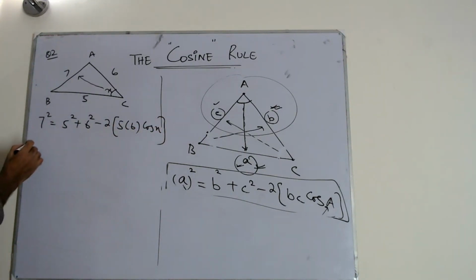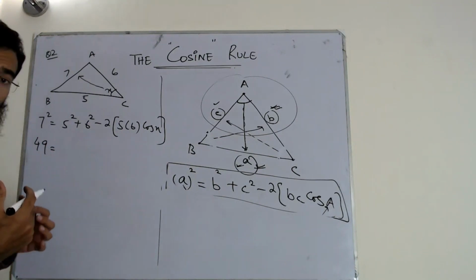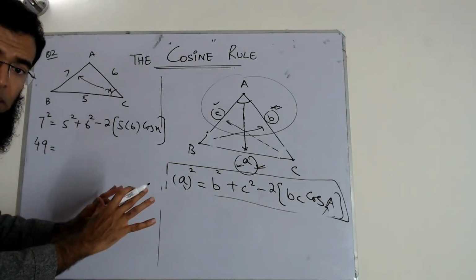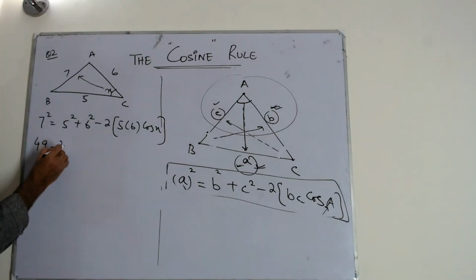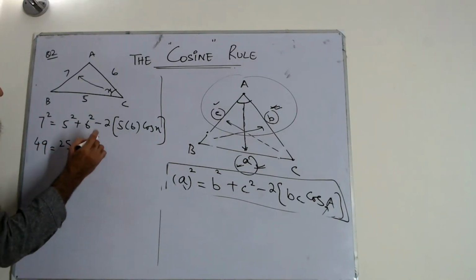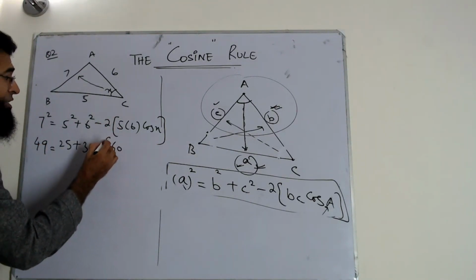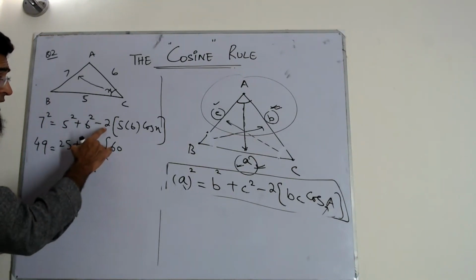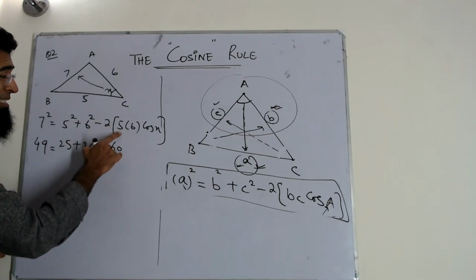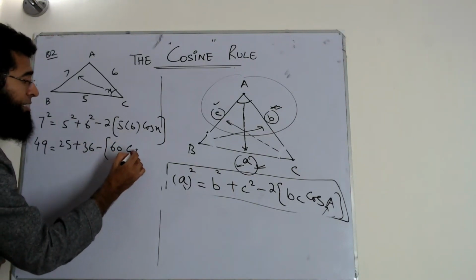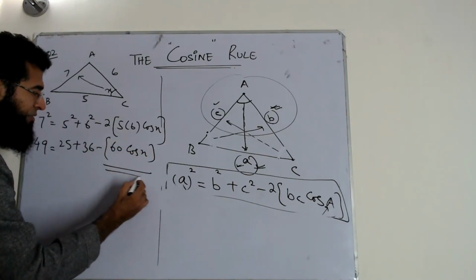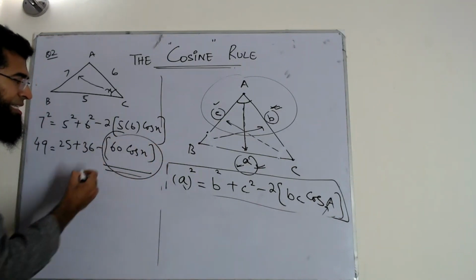It's pretty simple, beta. Just use the calculator. The concept is done. You just have to now use the calculator properly. So this is 25 plus 36 minus 60. Just don't forget to put the bracket, because 2 will be multiplied inside the bracket. So 5 into 2 is 10 into 6, 60 cos x, right? This is a value.